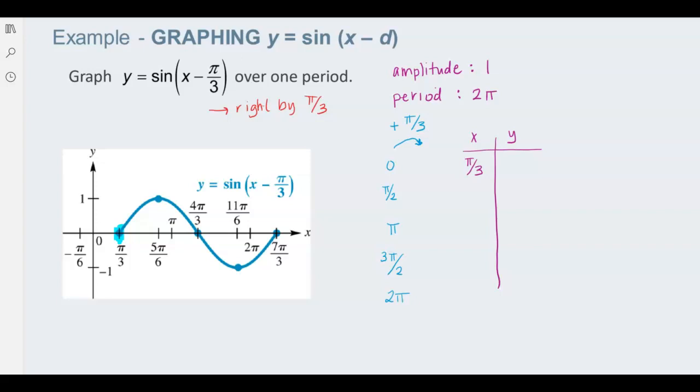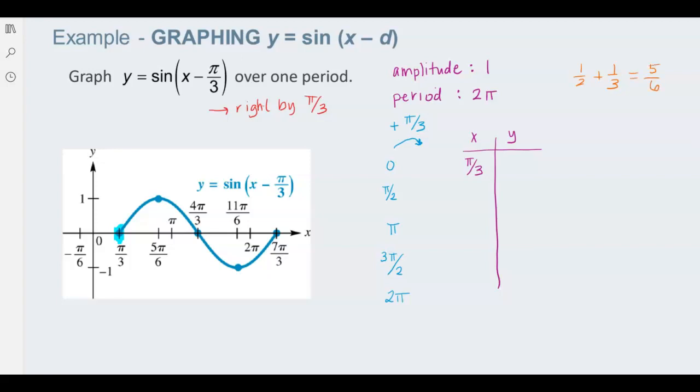To get the next value in your calculator, as a reminder, don't use the pi symbol. You're going to type into the calculator 1/2 plus 1/3. And when you do that, it'll tell you that you're going to get 5 over 6.